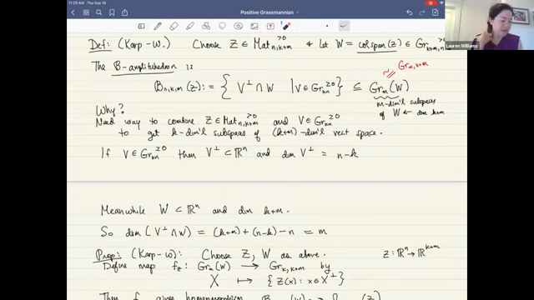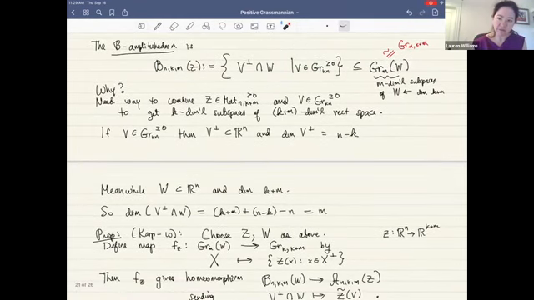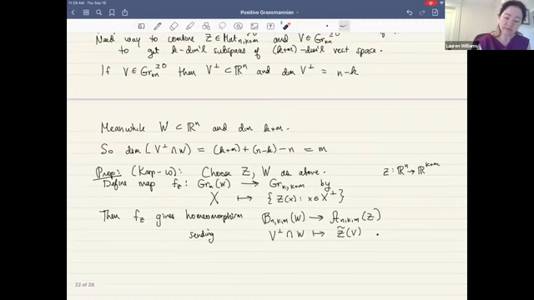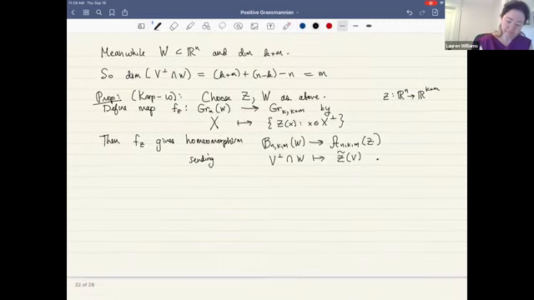Okay, so now with this new definition, let me give another example. So let's now go to the case where m is as small as possible. Let's think about m equals 1.